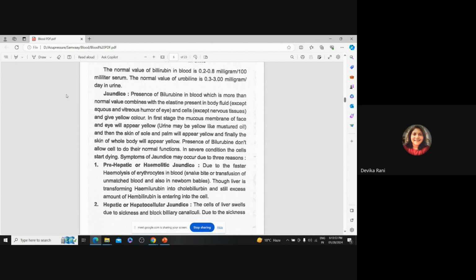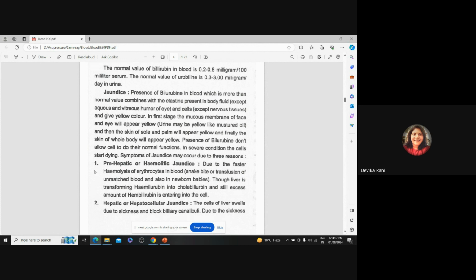But still, there is excess amount of hem bilirubin which is entering the cell, because the speed of breaking down of the erythrocytes or red blood cells is faster. So the liver is synthesizing at its optimum level, but still there is excess bilirubin which is entering into the cell. So here the liver is functioning at its optimum level.